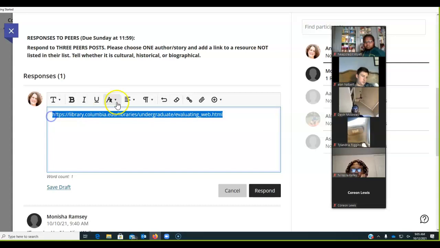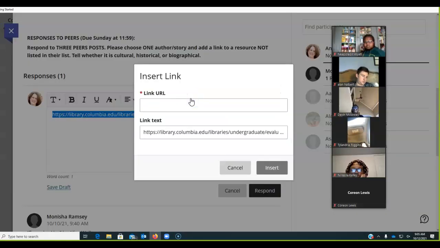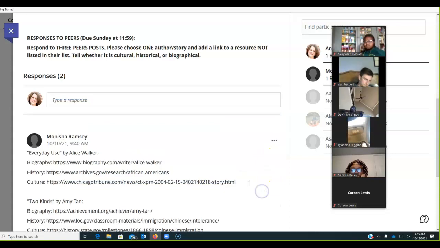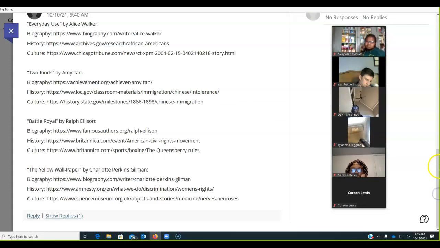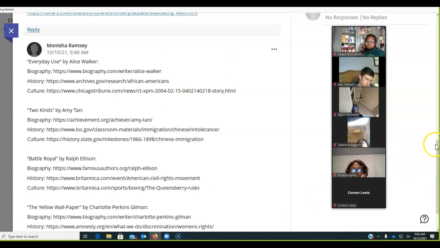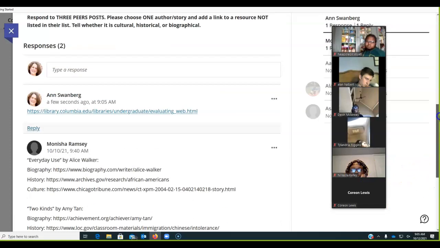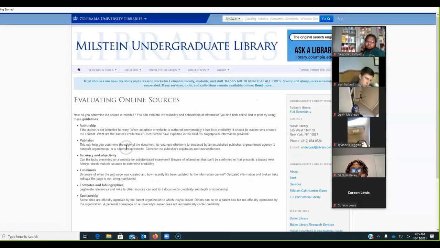You have to highlight it and click on link, and then link the URL, paste it again there. And when it turns blue and it's underlined, now you have a link. So I can put that up, and then my entry should be under Monisha's entry here. Where is it? Where'd it go? There it is. And now I can click on that link and it takes me to it.